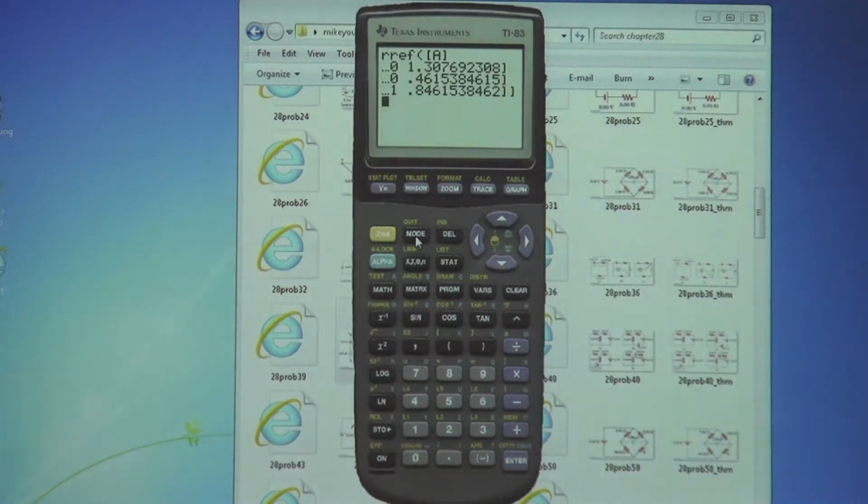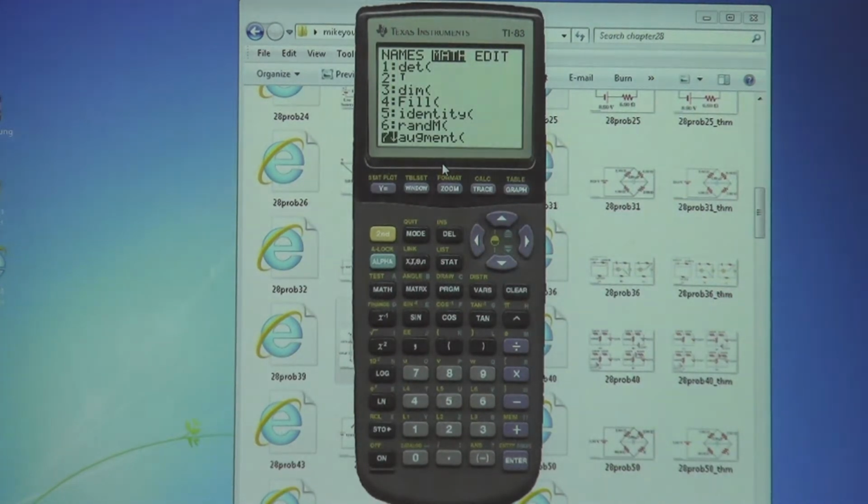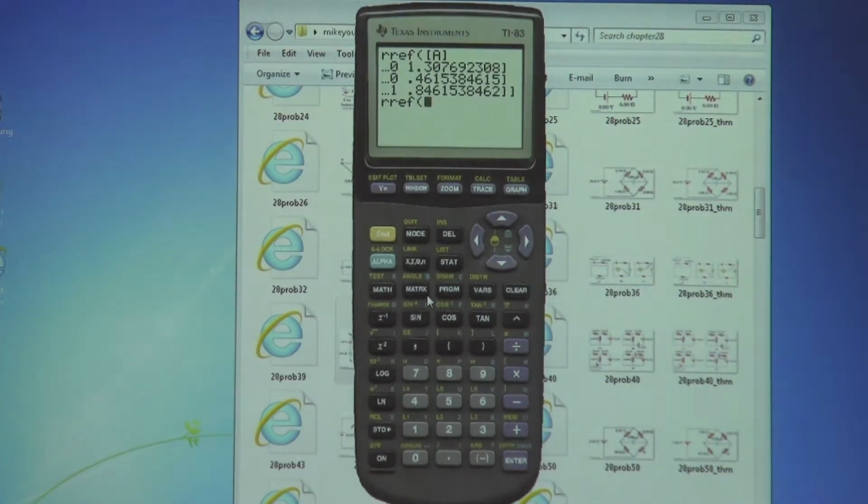If I do the same thing, I'll do the RREF. Well, that doesn't really show you how to use a calculator. Clear. If I go back to my matrix and the mathematics menu and scroll down the mathematics window till I get to RREF, reduced row echelon form of matrix, and choose matrix A and hit enter, it will give it to me.